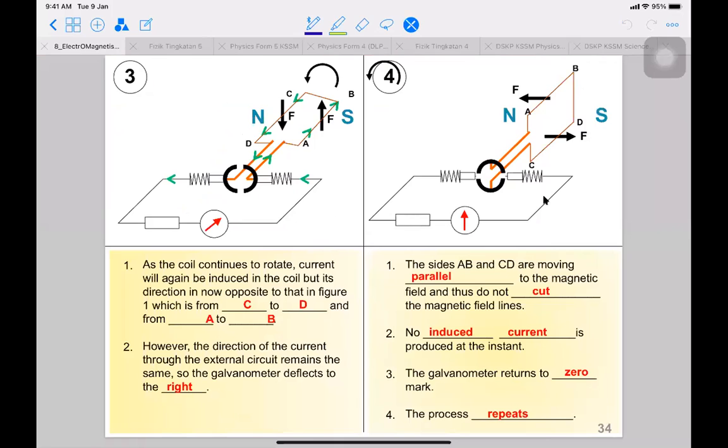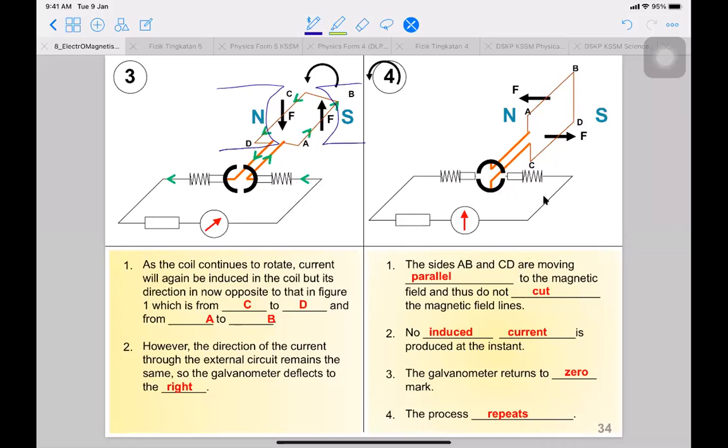Okay. Step number 3. So again, this is the magnet. I drew the magnet here. It is now in a horizontal position again, but the sides AB and CD have already interchanged. As it rotates, its sides have interchanged.